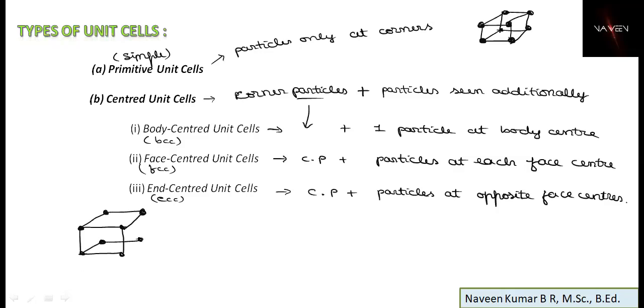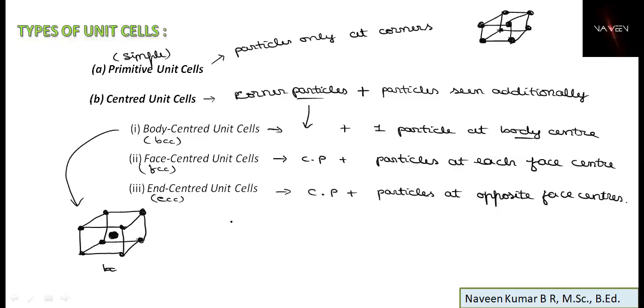Apart from corner particles, there are no other additional particles. Now this is one simple primitive unit cell. Now to consider this as BCC, there is a particle at the center of the unit cell. Body centered unit cell will have an additional particle at the center of the body, that is, its unit cell.